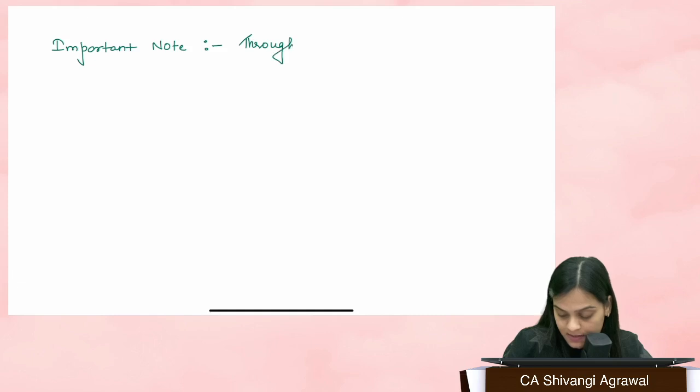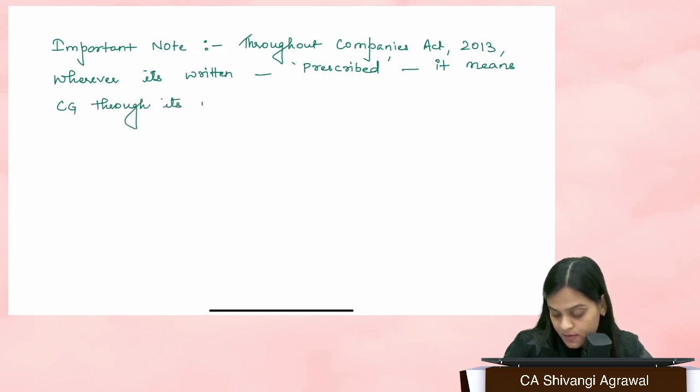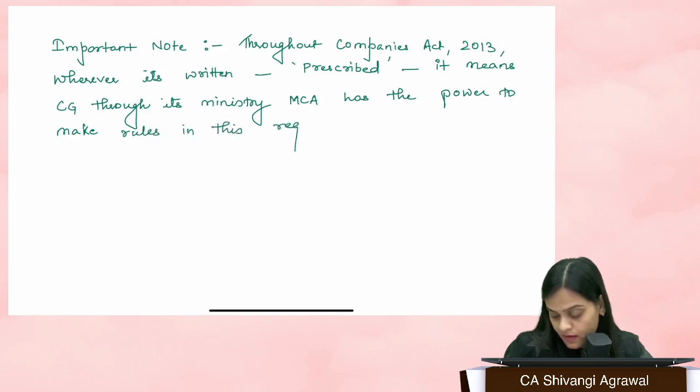Throughout the Companies Act 2013, wherever it's written prescribed, it means the central government through its ministry, MCA, has the power to make rules in this regard.